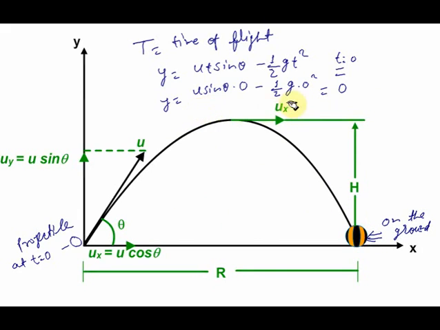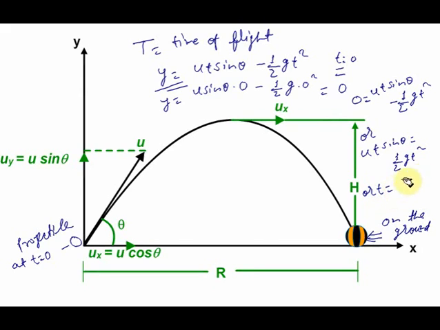Also y will be 0 once again when the projectile touches the ground. So if you put y is equal to 0 in this equation, we'll get 0 is equal to ut sine theta minus half gt square, or ut sine theta is equal to half gt square, or t is equal to 2u sine theta by g.